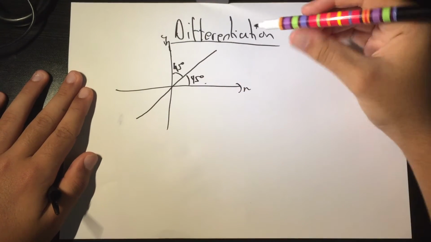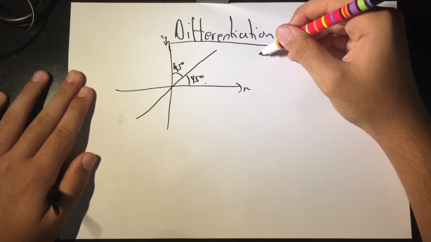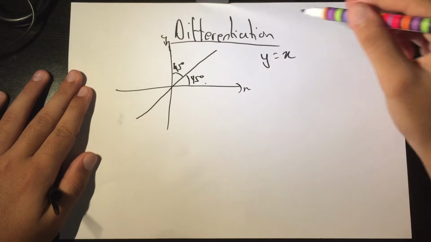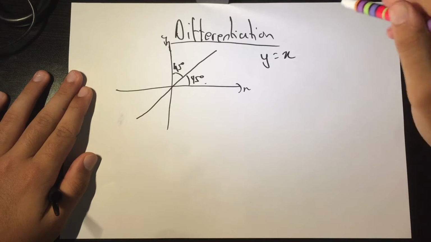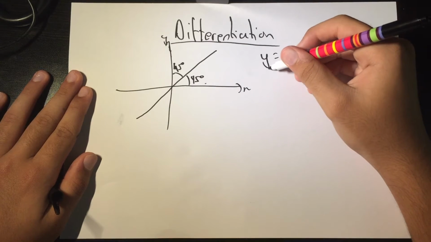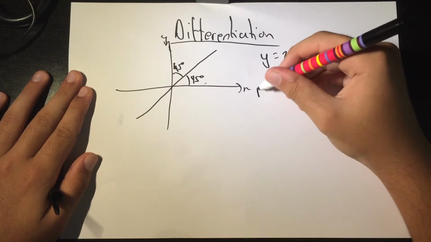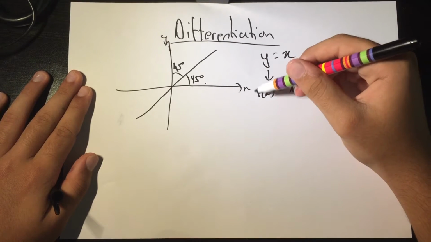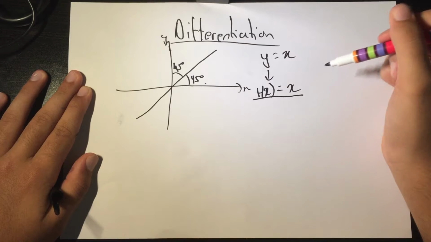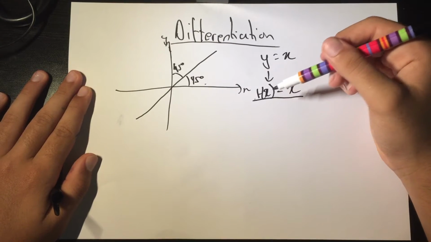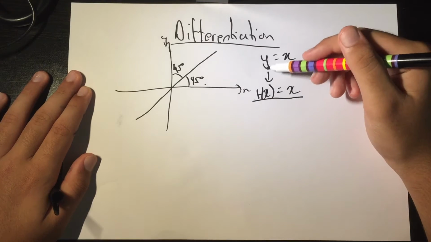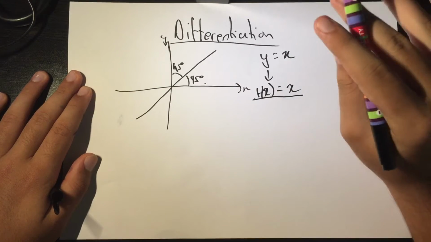So yes, this function you should have already known by now is y is equal to x because 45 degrees. So let's actually write it as f of x is equal to x because you will need to know this notation and you will need to use this more. I'm pretty sure you already do, but if you don't, then please, you're no longer in middle school.